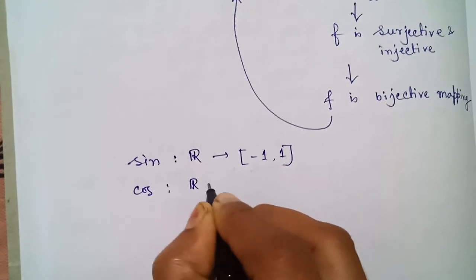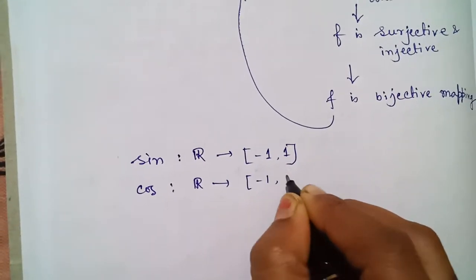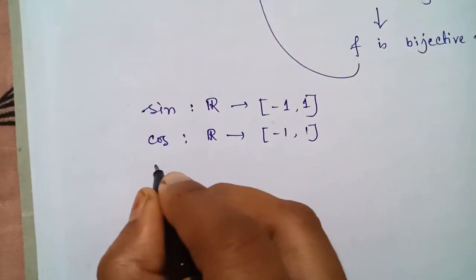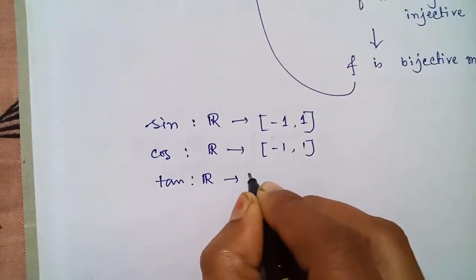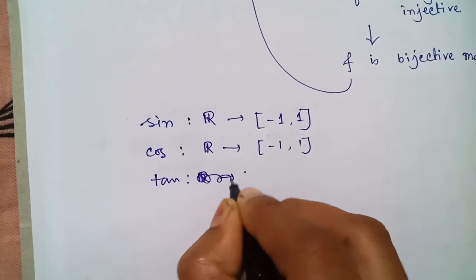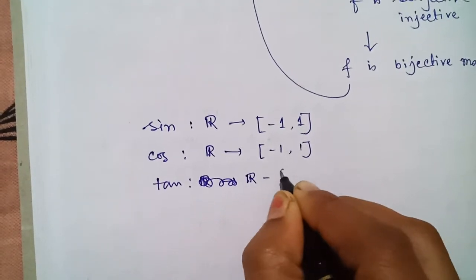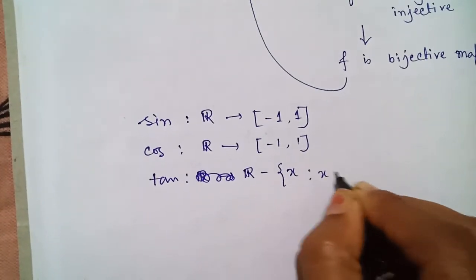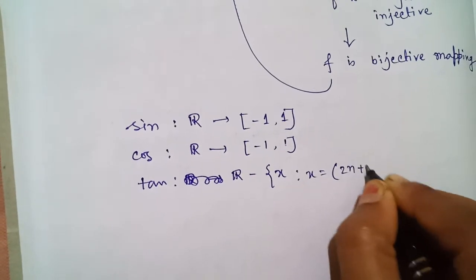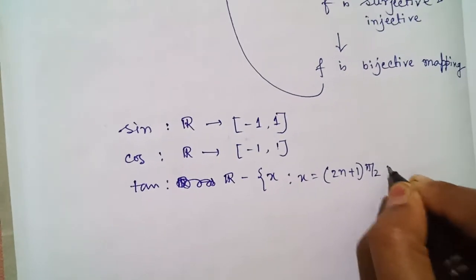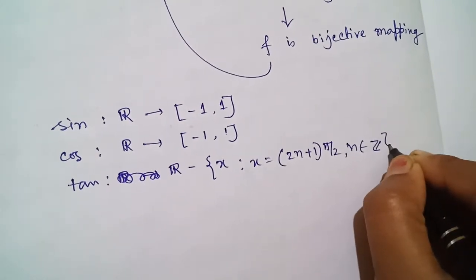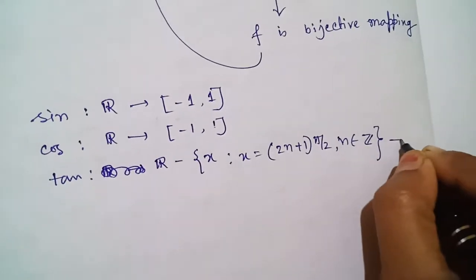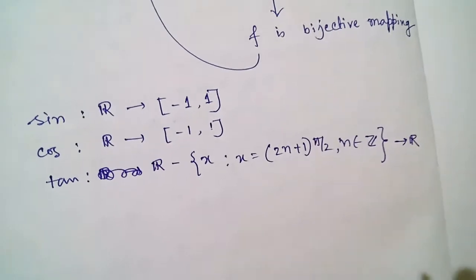Cos: the domain is R, the range is [-1, 1]. Then tan: actually its domain is not only R, it's R minus {x such that x equals (2n+1) pi by 2, where n belongs to Z}, Z meaning the integer set, and the range is R.